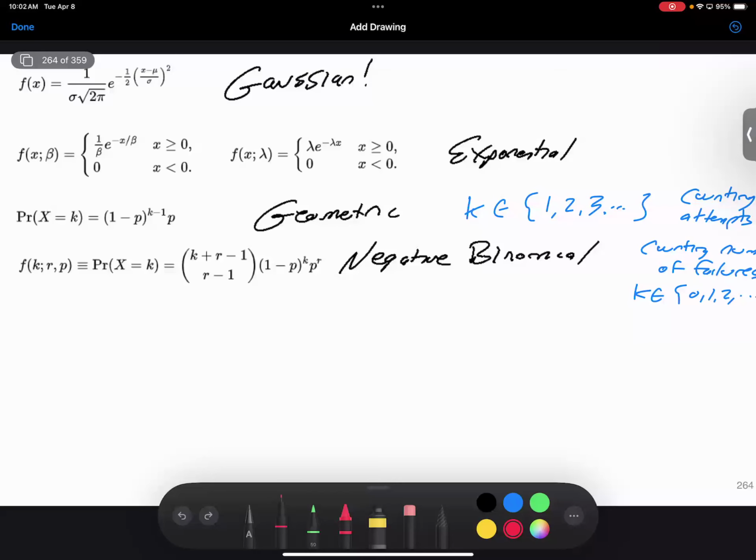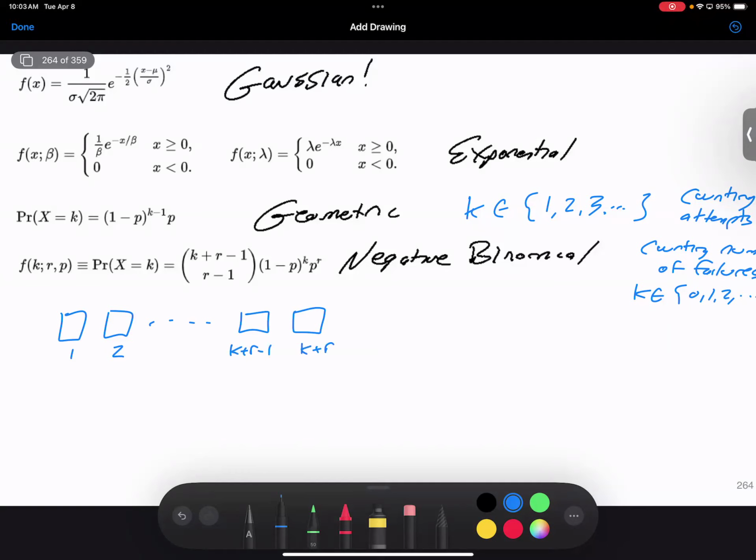All right, so let's see that this is reasonable. What does it mean to have r successes in k plus r attempts? Let's think we have a bunch of boxes. Box 1, box 2, box k plus r minus 1, box k plus r.